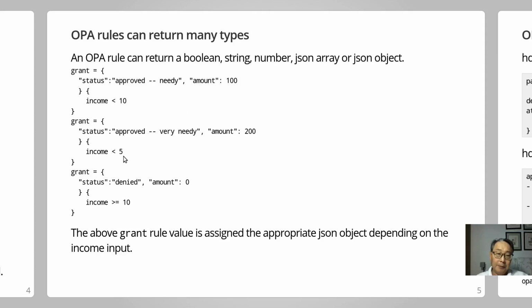However, if your income is less than 5 units, the status changes to approved, very needy, and the amount goes up to $200. It's denied if your income is 10 or greater. So the rule is assigned the appropriate value depending on the inputs.